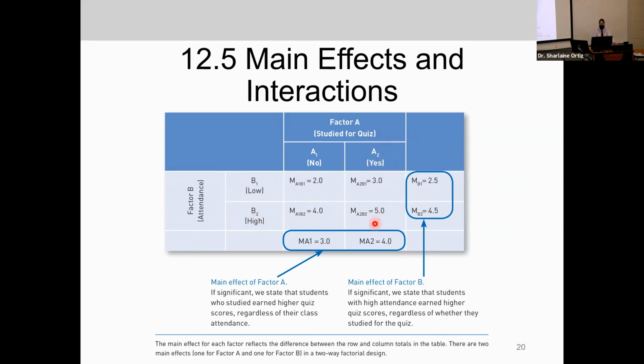Notice that in regards to the main effects, if we only look at factor A, what we're trying to say is that the students who study earn higher quiz scores regardless of their attendance.